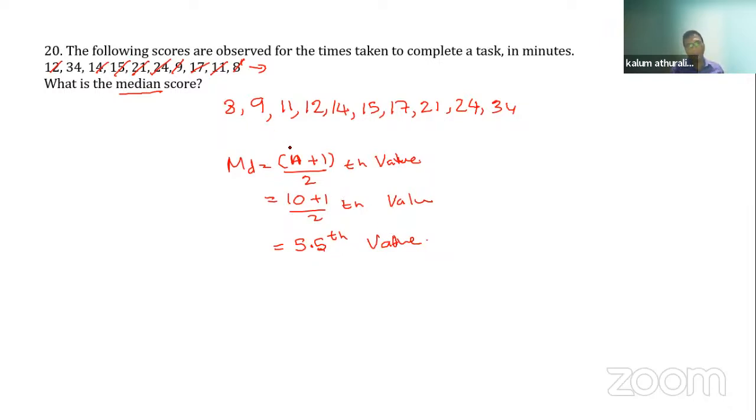We take the fifth and sixth values: 1, 2, 3, 4, 5. Get these two values and divide by 2. Then 14 plus 15 divided by 2 is 14.5. This is the median value. Median means middle value.